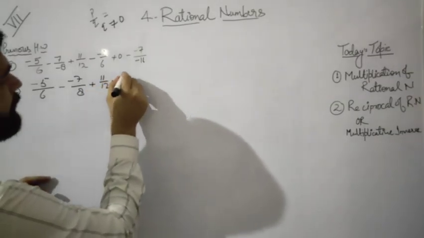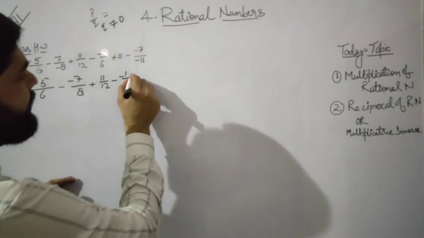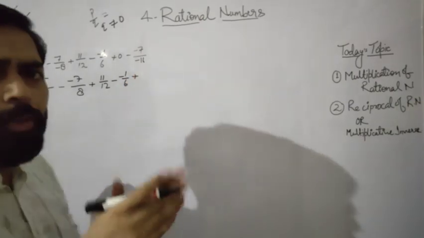So, the second step: minus 7 upon 8, multiplying by minus 1. Then 11 upon 12 will be the same, minus 1 upon 6 will be the same, and this 0, there is no need for the 0.